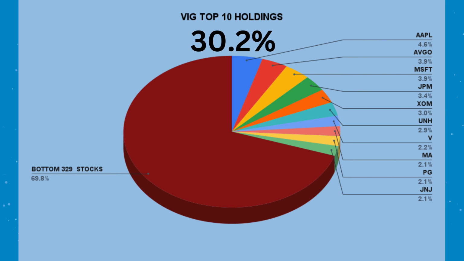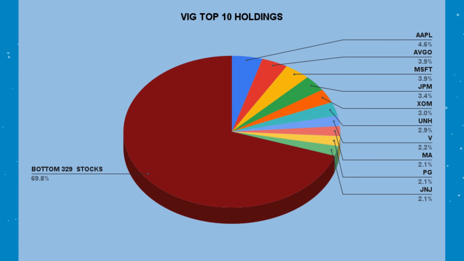VIG's top 10 holdings, while representing a smaller percentage of the overall portfolio compared to SCHD, are dominated by tech giants. Apple at 4.6%, Broadcom at 3.9%, and Microsoft at 3.9% are at the forefront, showcasing VIG's tilt towards tech, where companies not only dominate their industries, but also have a record of increasing their dividends over time.